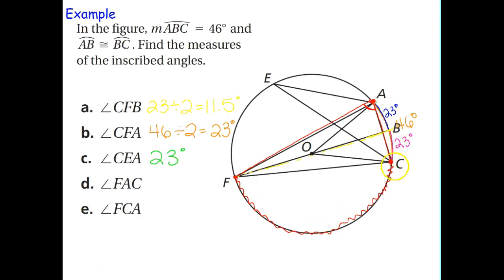But we don't want the whole semicircle, we only want from C to here. So we take 180 minus 23, which is 157. That gives us this arc down here. Then to find the angle, we take 157 divided by 2 to get 78.5 degrees.